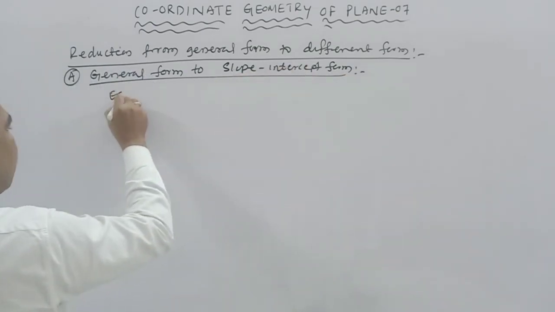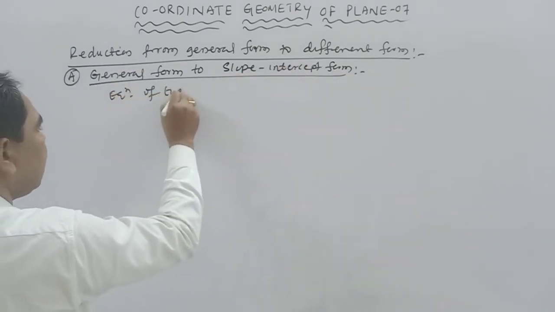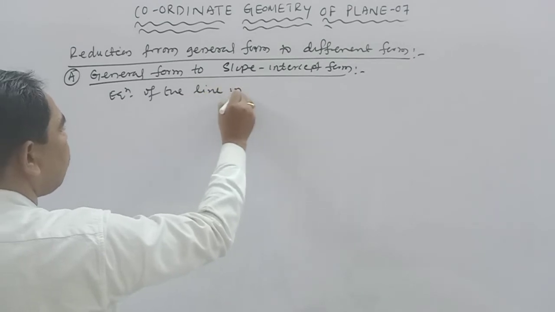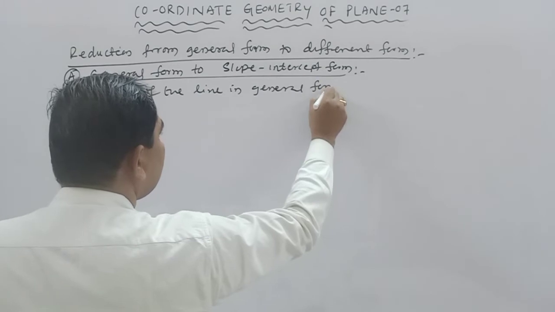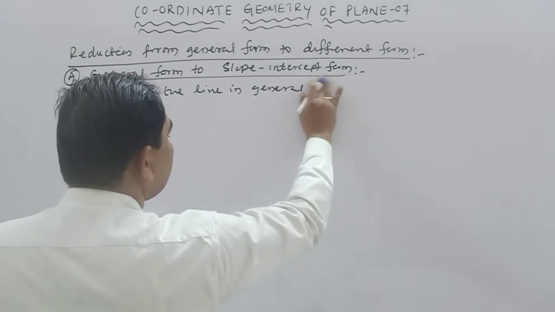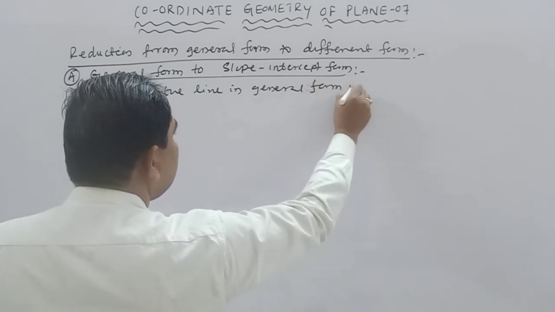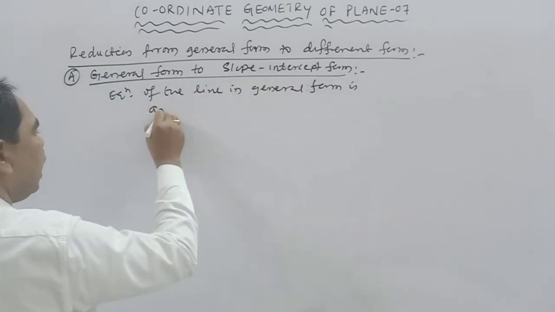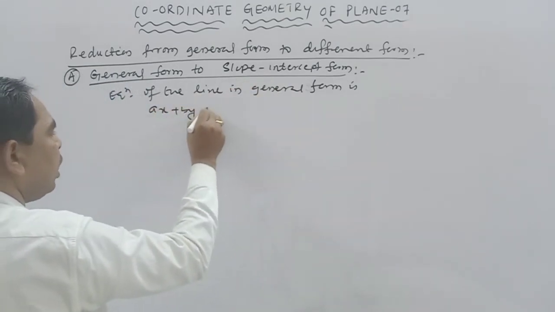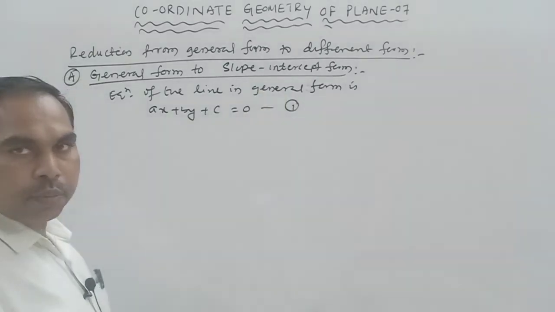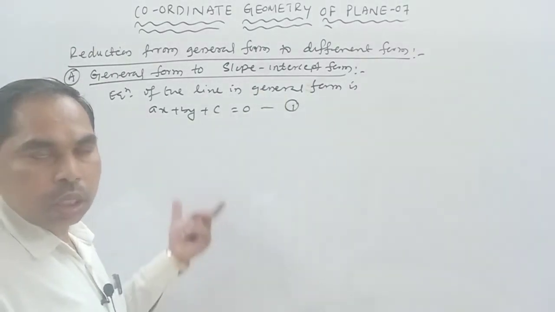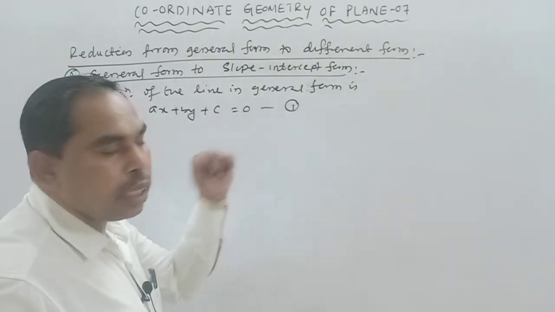Equation of the line in general form is ax plus by plus c is equal to 0. Okay, we reduce it to slope intercept form.